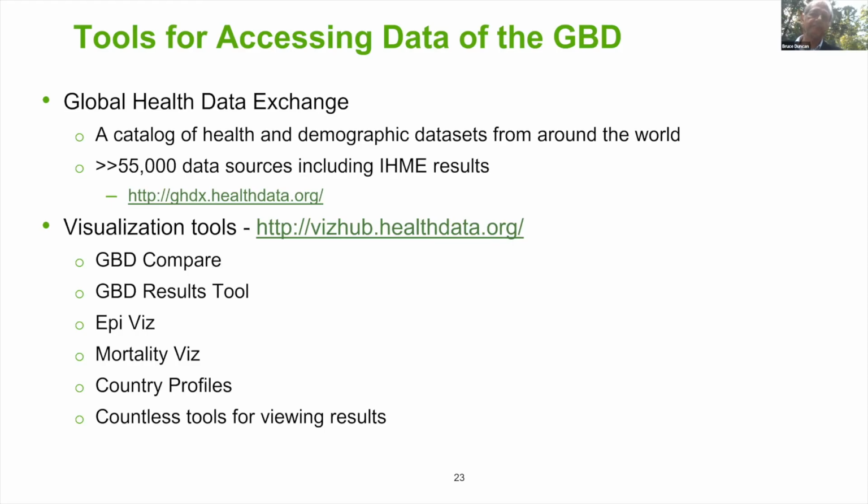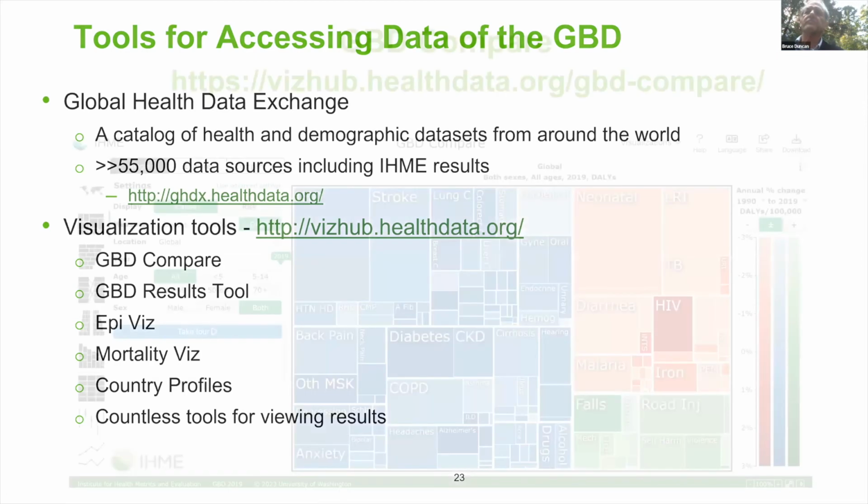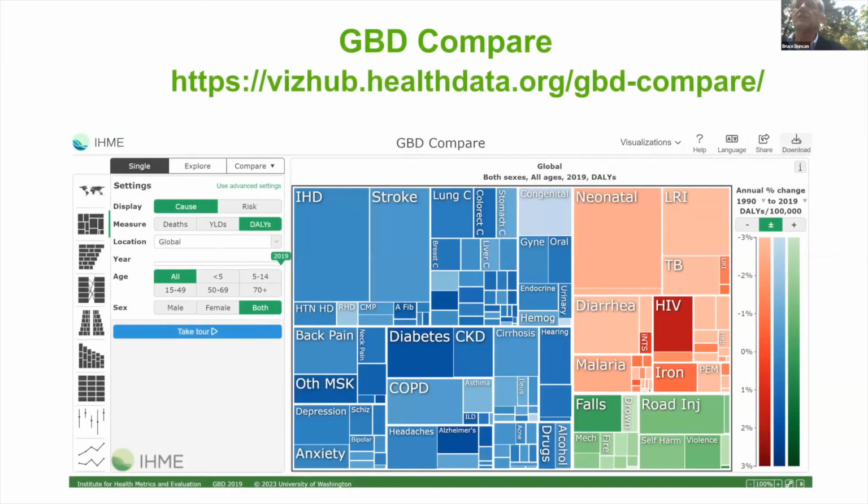their estimates. And then their visualization tools, the most important of which is GBD Compare, which I'm going to show some screen slides from now. If you're interested in knowing about the disease metrics of a given country or the world, where you need to go is GBD Compare. GBD Compare has presentations that deal with causes, so that's diseases or injuries, and also with risk factors.